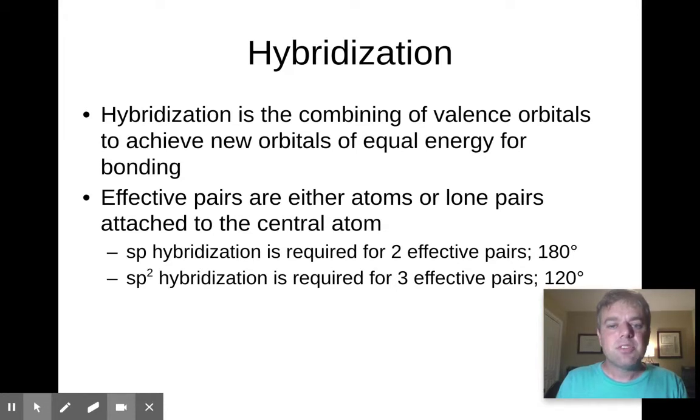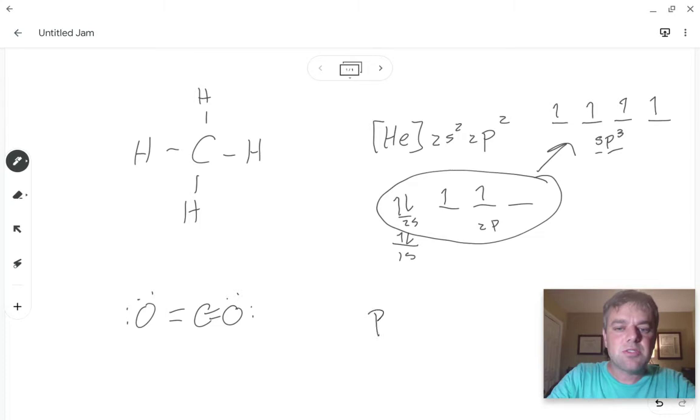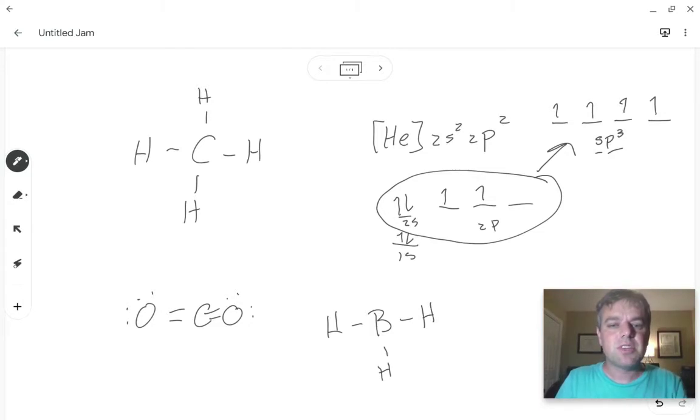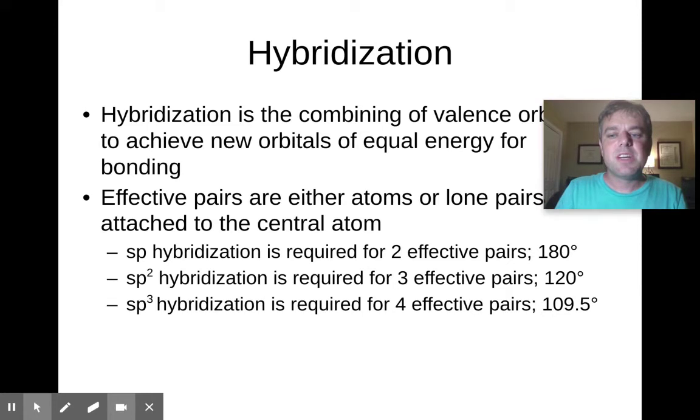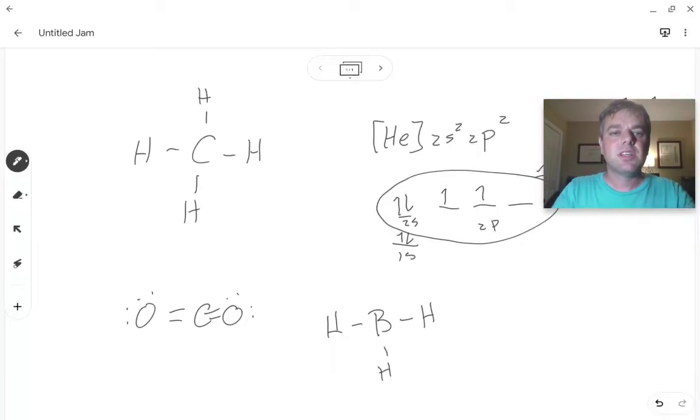sp2 hybridization is required for 3 effective pairs, such as in the BH3 molecule. It exhibits sp2 hybridization. And then sp3 hybridization is required for 4 effective pairs, and so the electron geometry is 109.5 degrees.